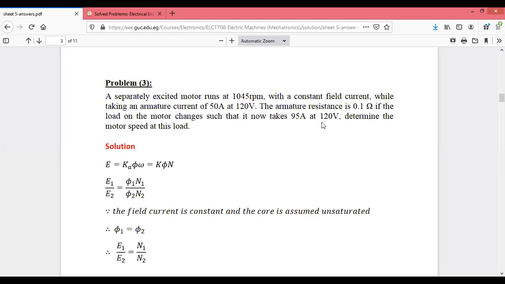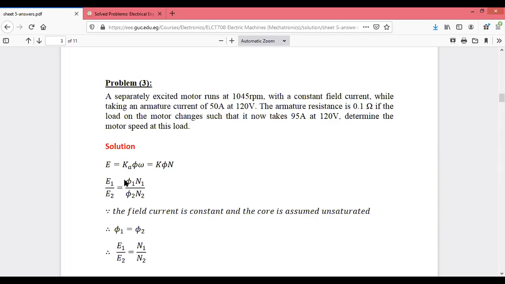So we can take E equal to K phi N, where K is a constant term. Or you can write E equal to N P phi upon 60 into Z by A, but I am taking Z, A, P as a constant term K. That's why I am writing directly E equal to K phi N.